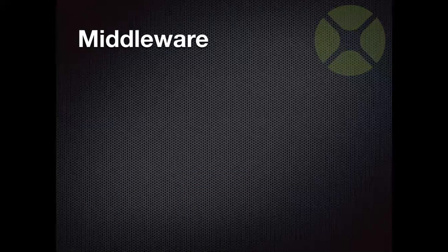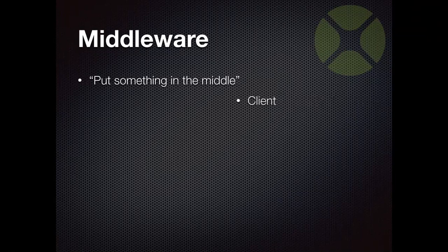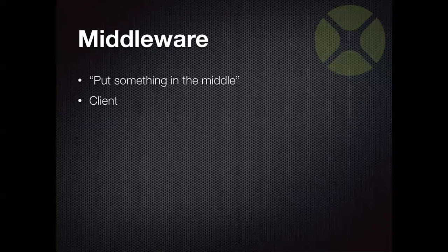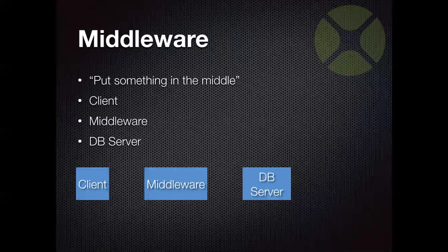Now, the concept with middleware is we're going to essentially put something in the middle here, as its name might imply. So we're still going to have a client. We're going to have something called middleware. And we're still going to have a database server. So you get your three pieces right here.